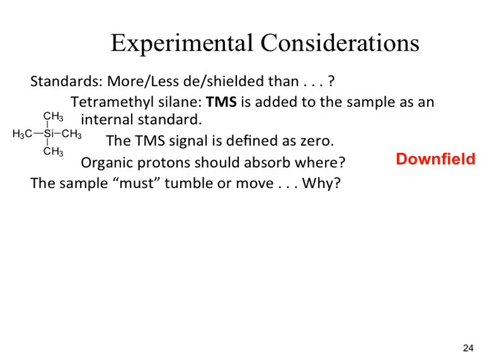One of the things that has to happen in this process is our sample must tumble and move. Why must it move around? It's an interesting question. You guys will now all be a detector and I will be the sample. If you detect me, you see me now, right? But if I now turn around, does the detection change? It does change.